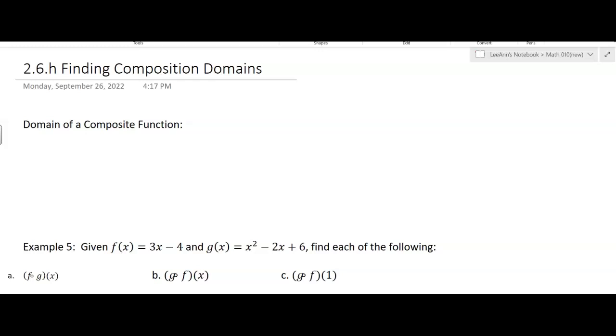So we're going to do some composition of functions here in just a minute. But when we're talking about the domain of a composite function, so if you have f of g of x, which can also be written f of g of x like this, it can be written both ways. First of all, x has to be in the domain of g.